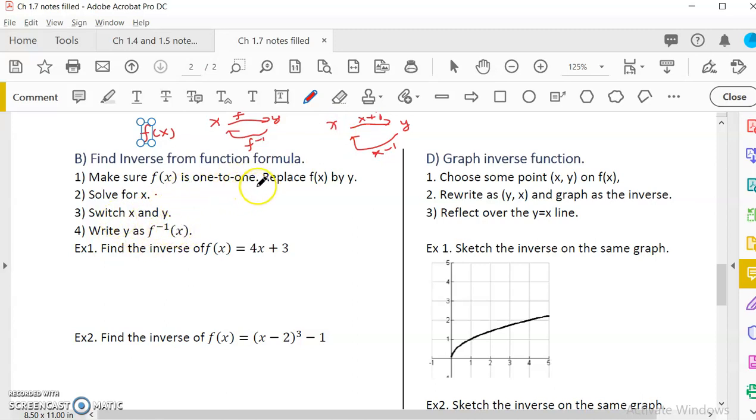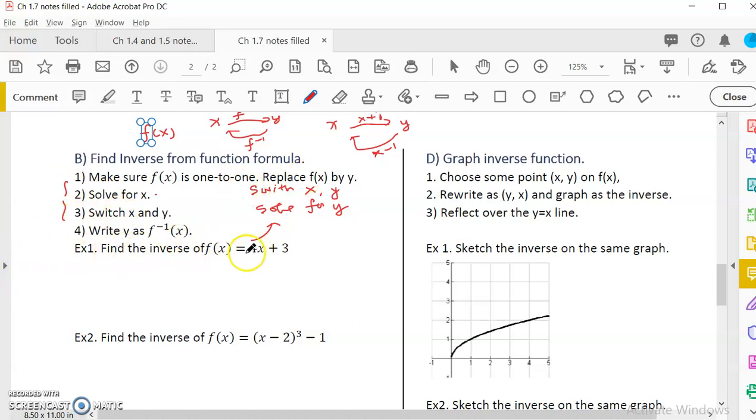In other books, they actually switch x and y first, and then they solve for y. So both are fine. I'm more familiar with this way, so I'm going to do this. But this OpenStax book actually uses this method. They solve first before they switch.